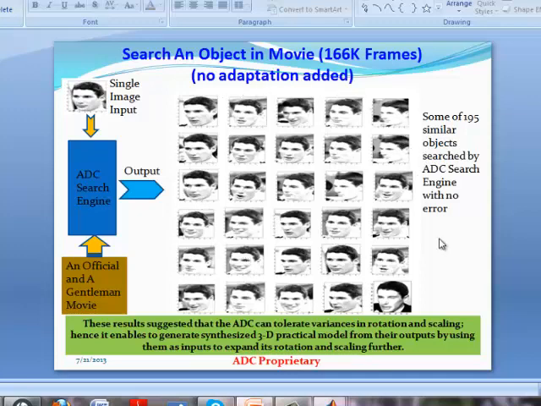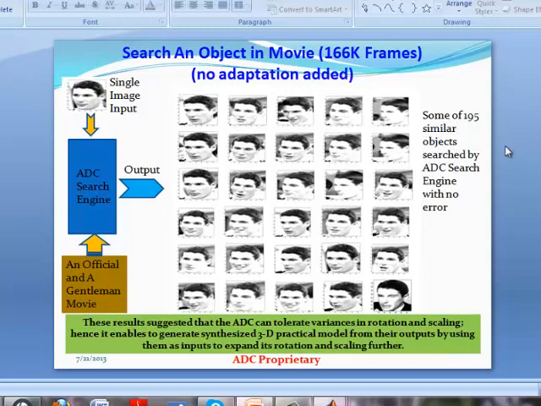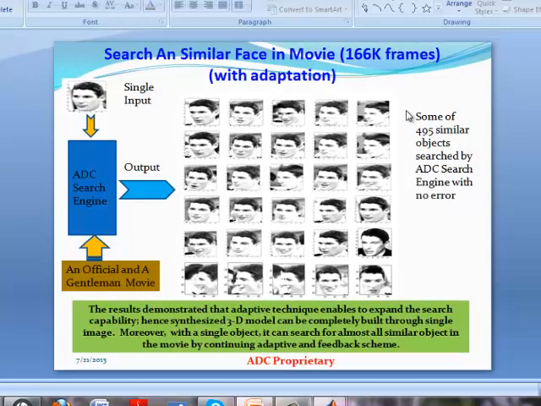Now that's no adaptation. But let's see what happens in the adaptation case. With adaptation, we detect the similar object, we track that object, and we try to find the next object based on the adaptive feature.